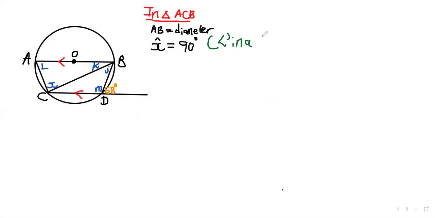So angle in a semicircle, that's going to be 90 degrees. If you don't understand what Theorem 3, angle in a semicircle, is, just go back to some of the videos that I posted. That is where I explained how you get angle in a semicircle.